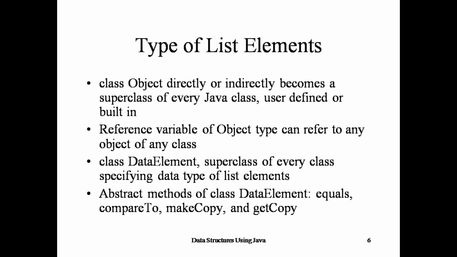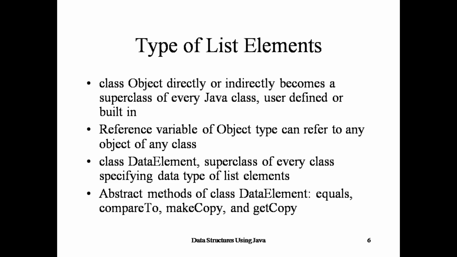Inside it, we have public abstract boolean equals, accepting DataElement otherElement. This method determines whether two objects contain the same data and returns true if this object contains the same data as the object otherElement. Otherwise, it returns false. Second, we have public abstract int compareTo with parameter DataElement otherElement.